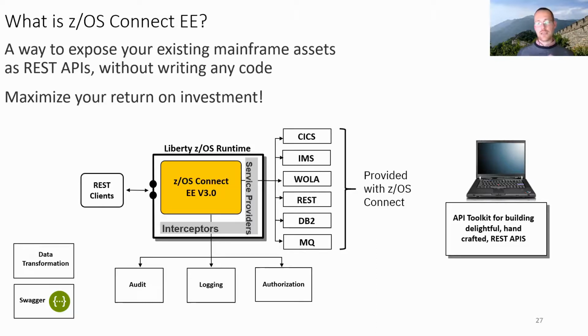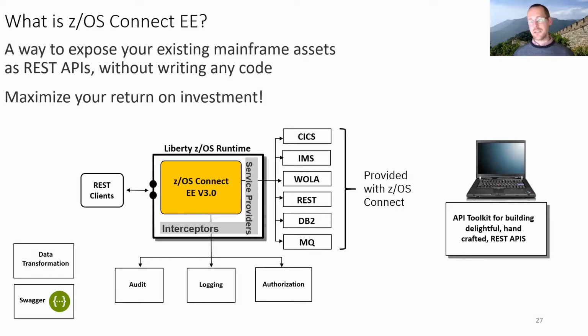There's the actual runtime that provides z/OS Connect and its REST APIs, and that's based on Liberty, and it's got a whole load of extension points that z/OS Connect provides. The things that then interact with the backend middleware are called service providers. And there's a service provider for each individual backend middleware. So there's a service provider for CICS, a service provider for MQ, and so on.